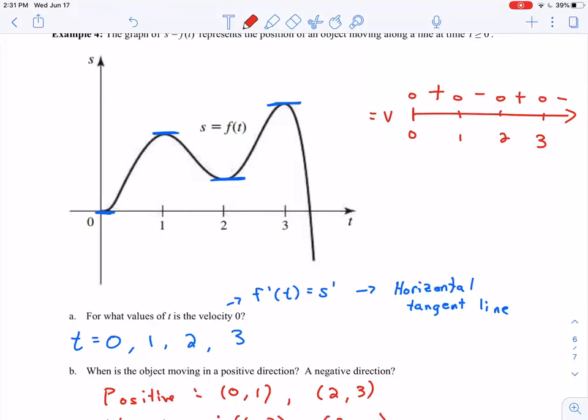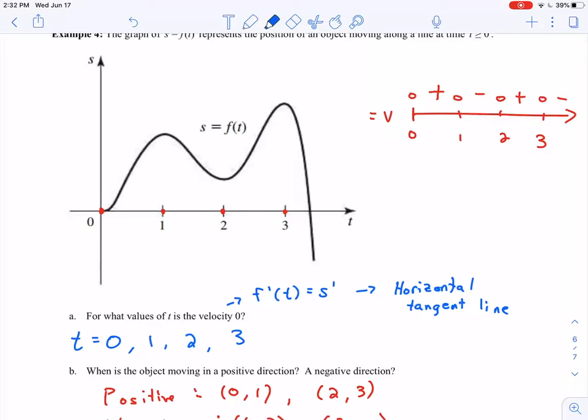We said our velocity was 0 at 0, 1, 2, and 3. So if I'm sketching my velocity function, I think the x-intercepts are a good place to start. So that means my velocity is going to be 0 right here at 0, 1, 2, and 3. Those are the places that it's crossing the x-axis.